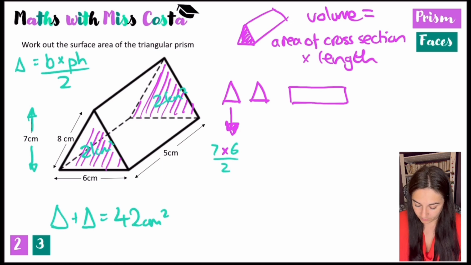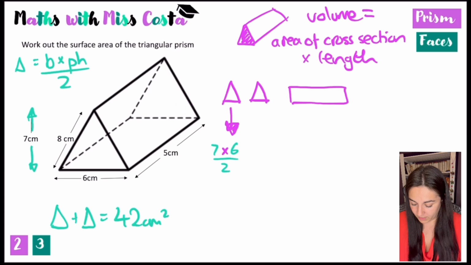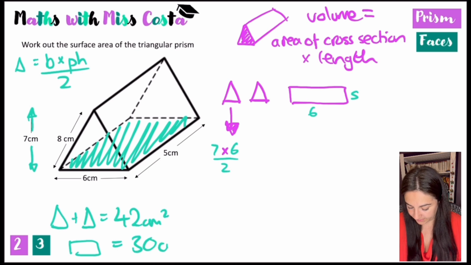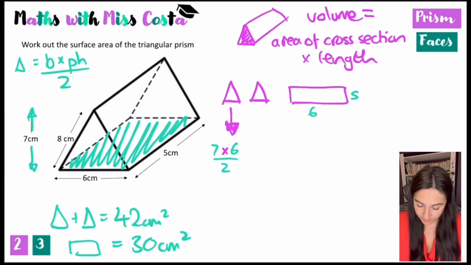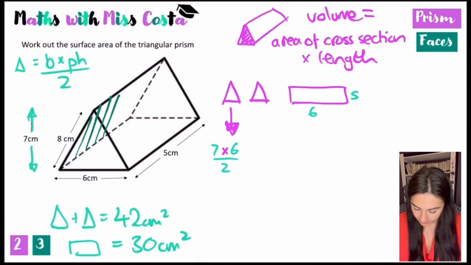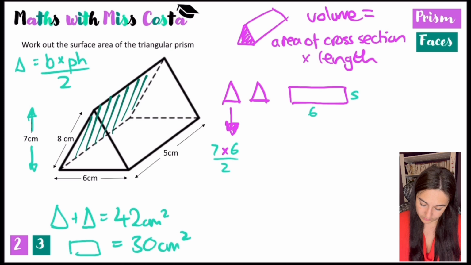Then I might want to work out all of my other faces. So think what is common. So you've got a rectangular base at the bottom. So you have one rectangular base, which is 6 times 5. So that would be 6 times 5 is 30 centimeters squared. And then finally, you've got the two slanted areas of the shape. So this part here, and then also this part here like that.